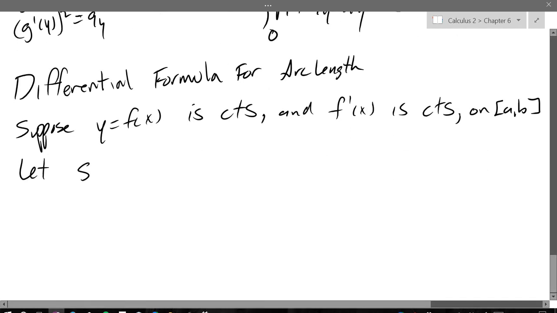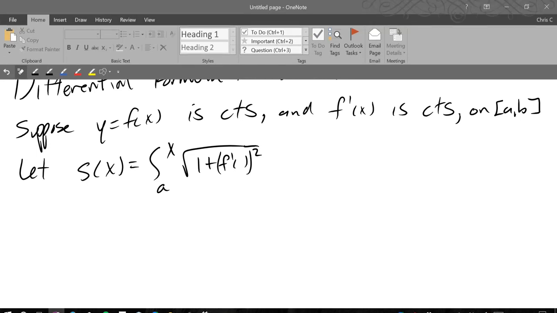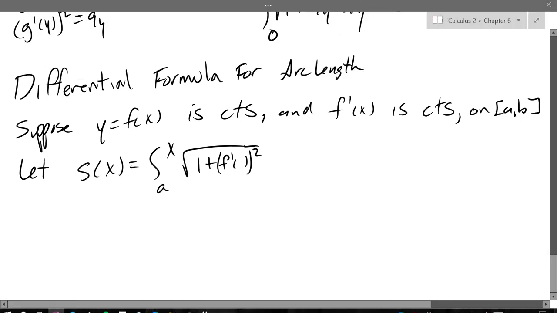So we're going to let s of x equal the integral from a to x of the square root of 1 plus f prime of x squared. Ooh, it should be f prime of t squared. Don't want to use x all over the place.